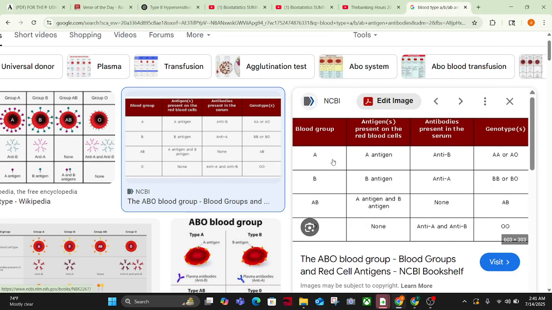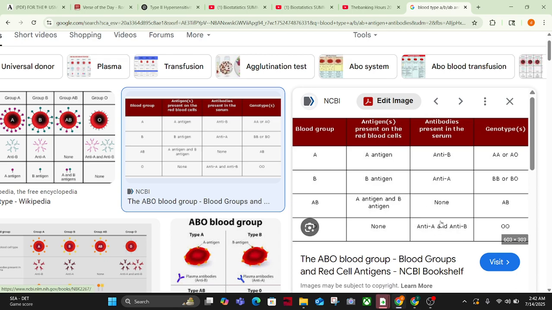So we have donor blood with type AB, which is this, and they have A and B antigen, and they have no antibodies. This type O blood here, they have no antigens on their RBC, but they have A and B antibodies.